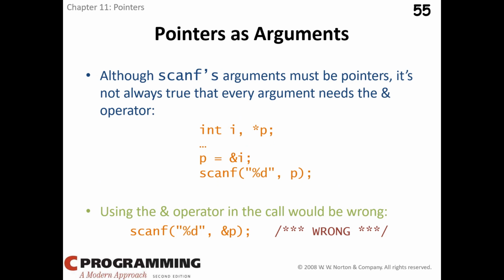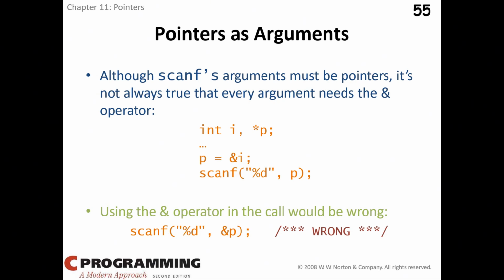In the case of scanf, while it's true that its arguments must be pointers, it is also important to note that not every argument requires the ampersand operator. Let's consider an example where we have an integer variable i and a pointer variable p pointing to it.